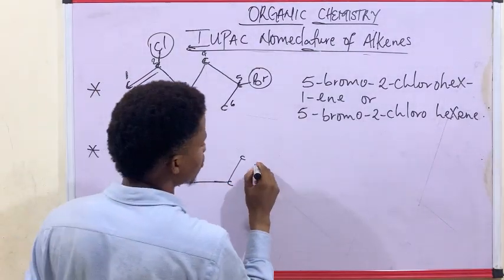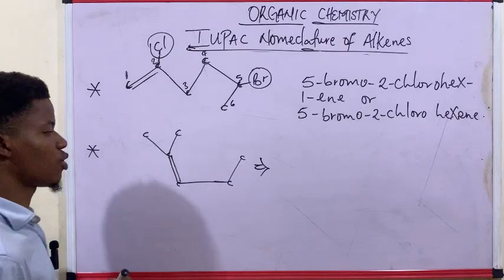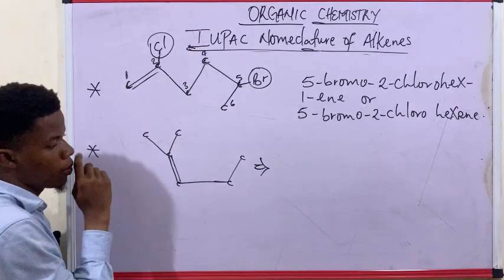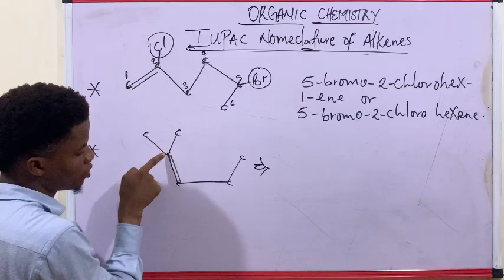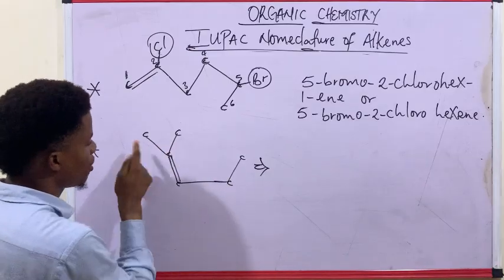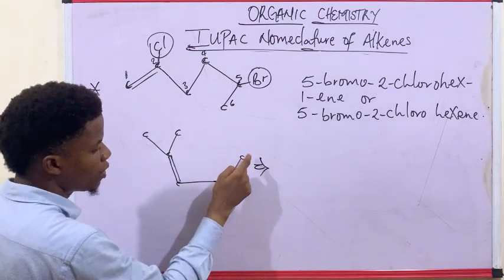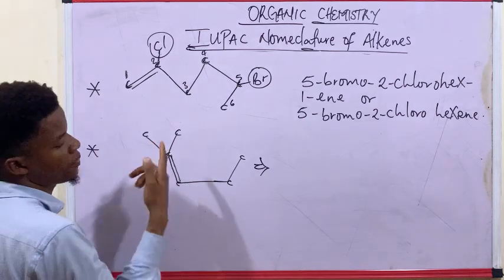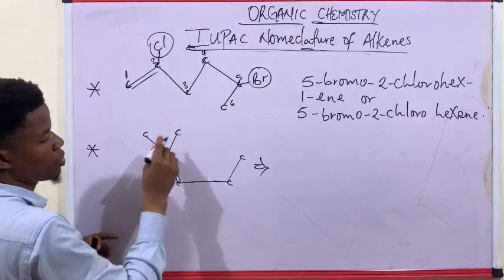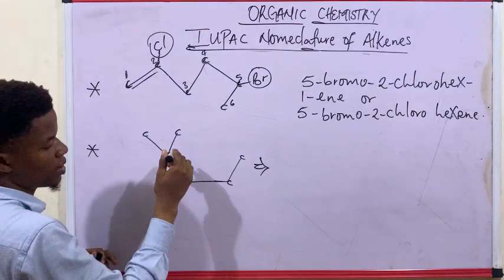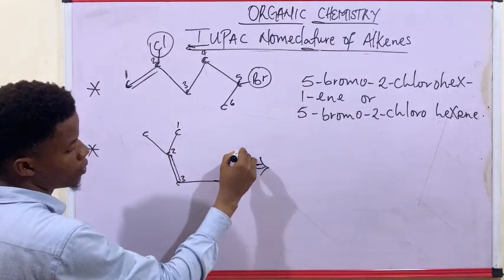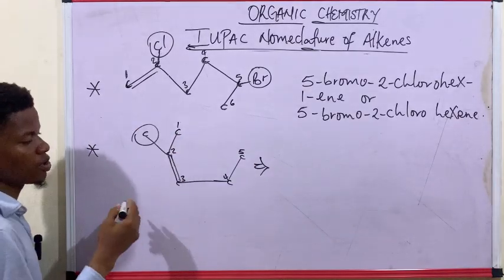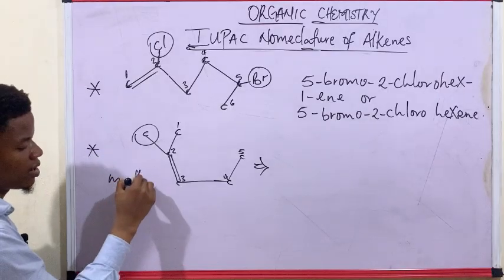Now, for the second compound, I want to get the parent chain, the longest carrying the double bond. So 1, 2, 3, 4, 5. I'll just want us to go with this pattern here. This is a substituent, precisely a methyl substituent.